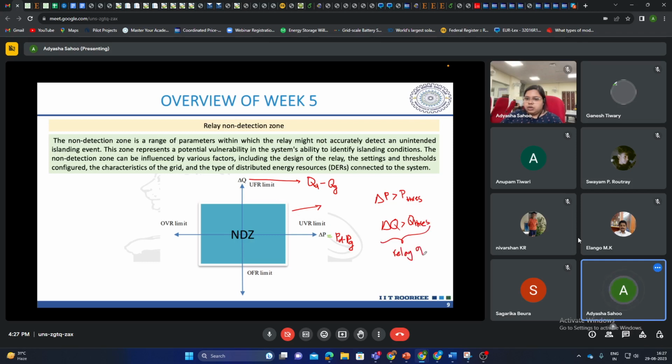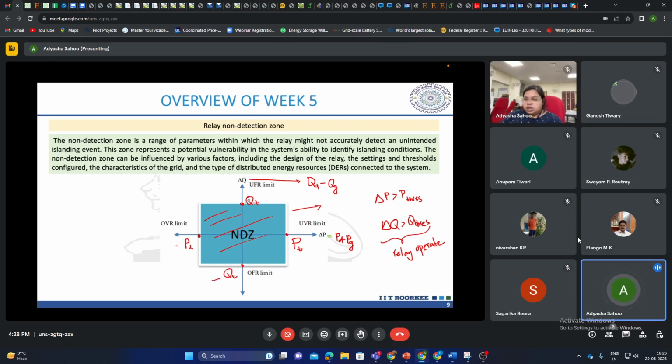The relay will operate, but if it is vice versa, if it is less, in this region, this is the P threshold, this is negative P threshold. This is Q threshold, this is negative Q threshold.